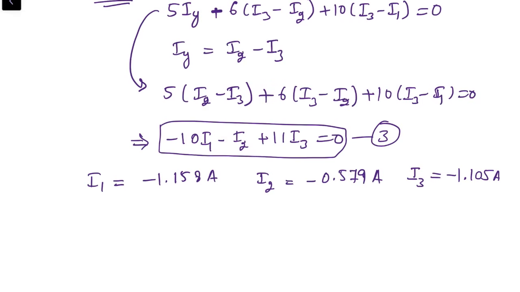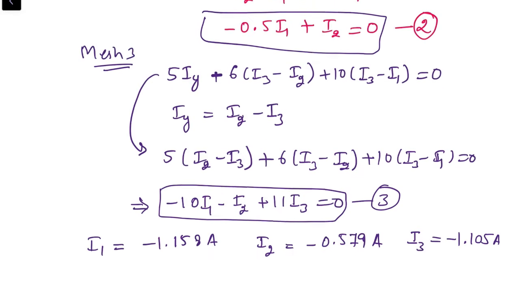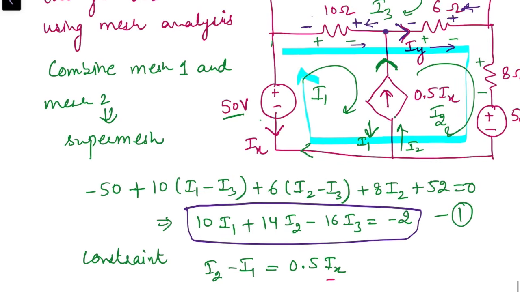Since all the currents are coming out negative, it means all the assumed directions are opposite to the actual direction, meaning actually all the mesh currents are flowing in the clockwise direction.